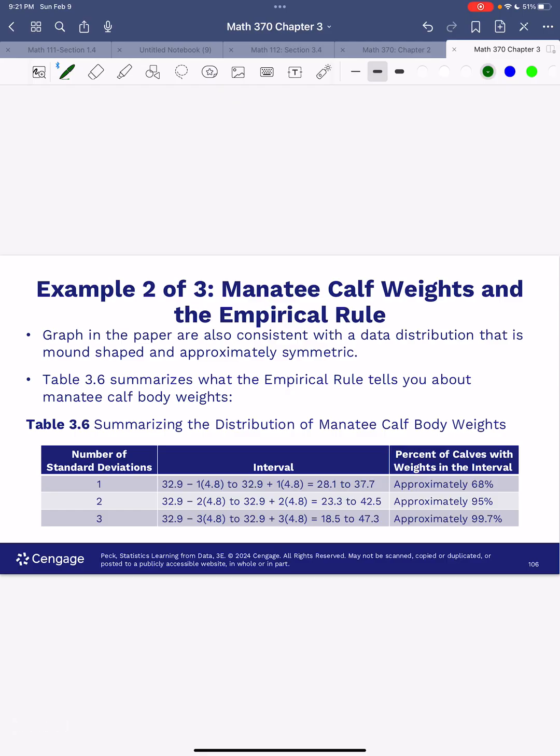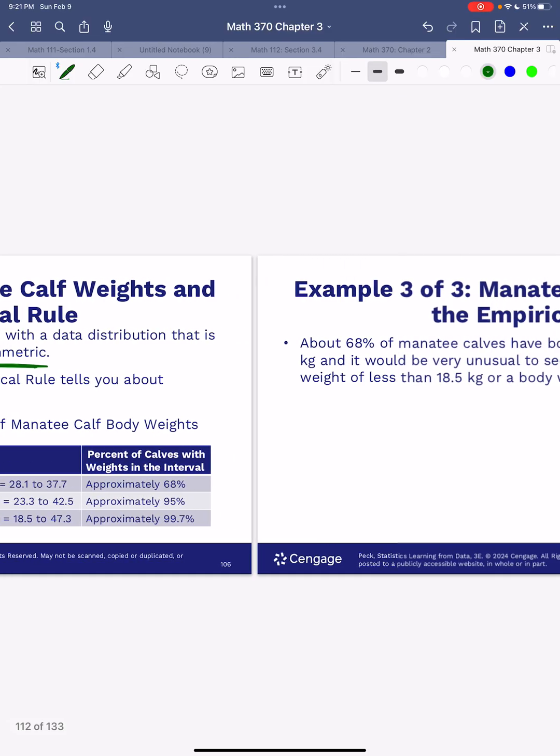Now what we can do is take what we know about the data and use the empirical rule to set up information on this data. We have to note that this is only going to be if we have approximately symmetrical data. So assuming our data is approximately symmetrical, how can we set this data up in the empirical rule?